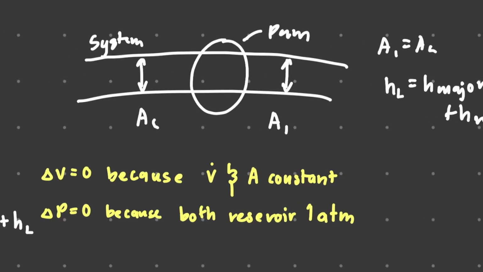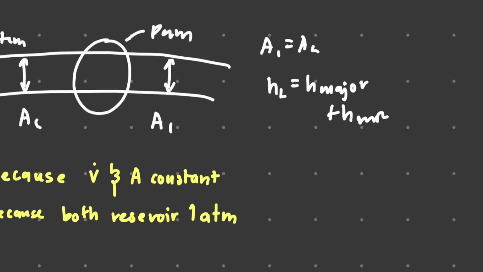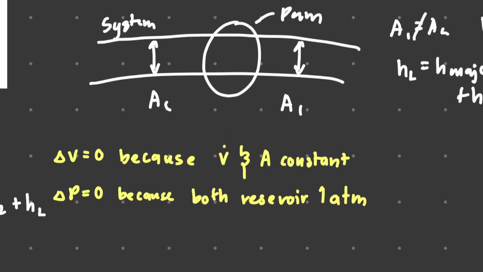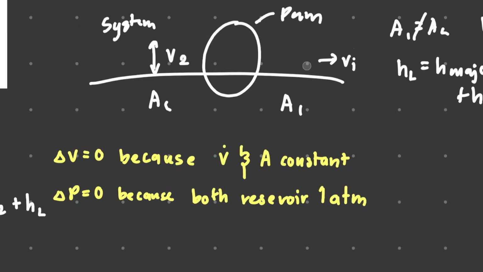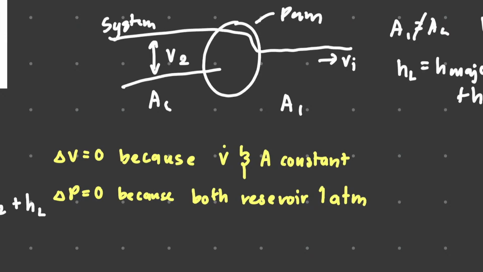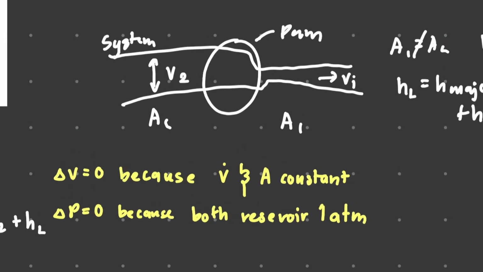But if the area is not the same, then the velocity will also not be equal. So this might be slower and this might be faster, because it changed.